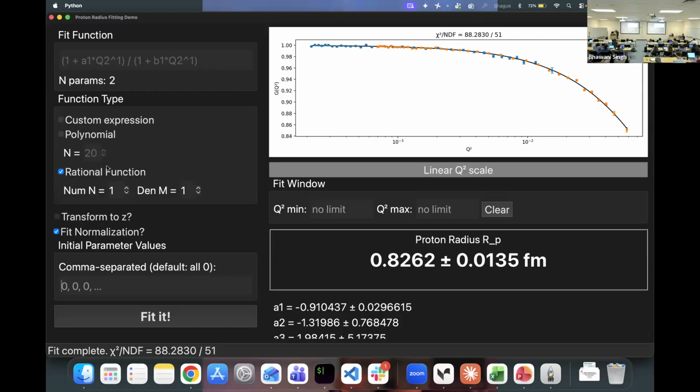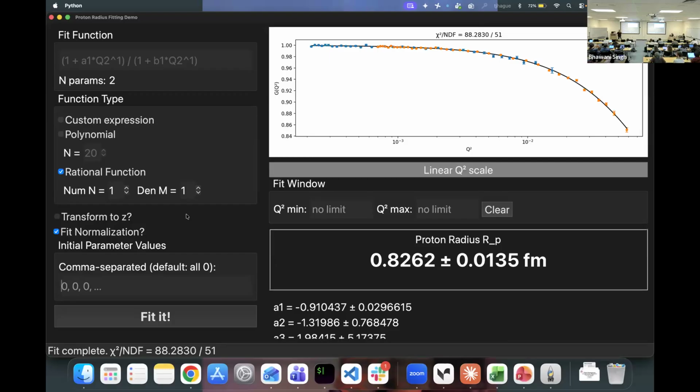Now, what PRAD did in reality was this rational function. So a rational function, and I'll write on the whiteboard, R_nm is just a polynomial of nth order divided by a polynomial of mth order.